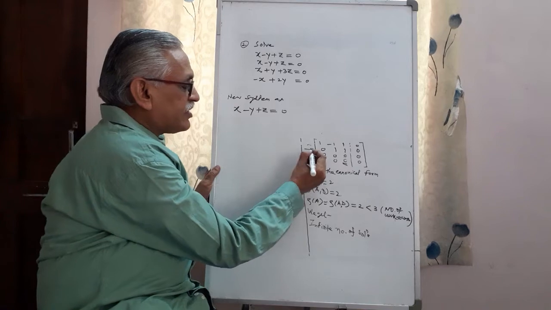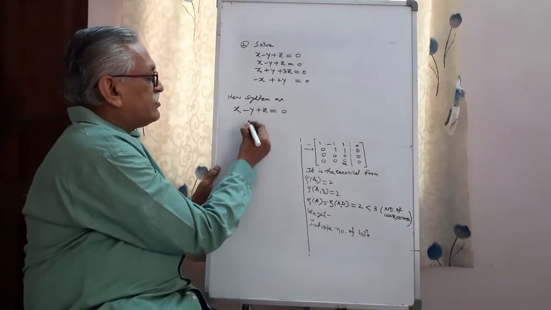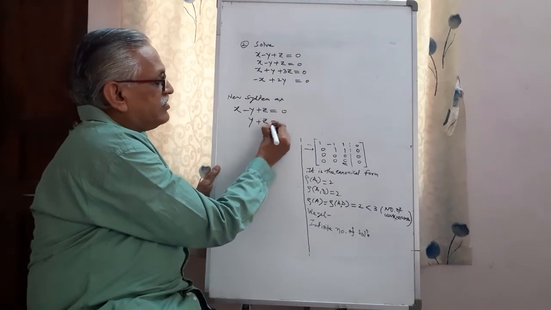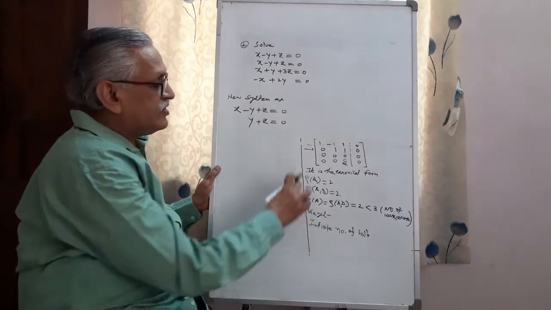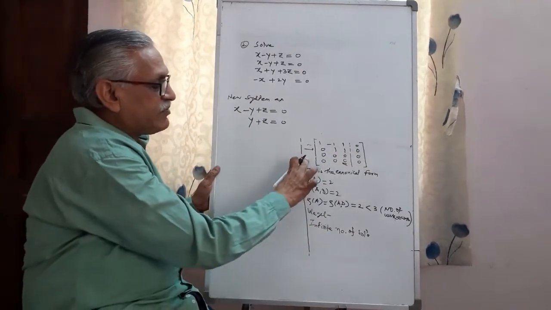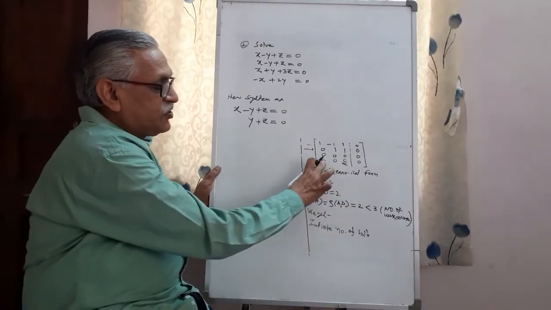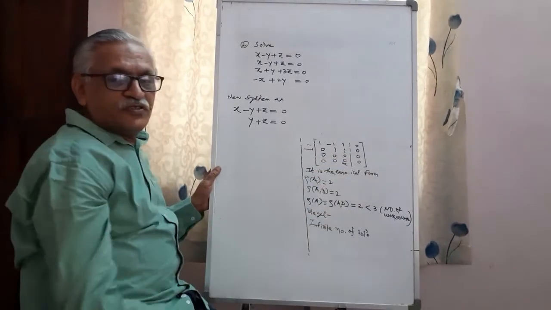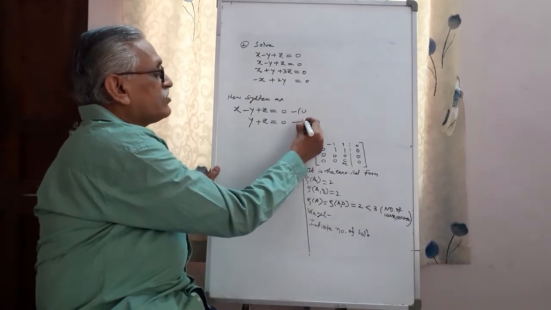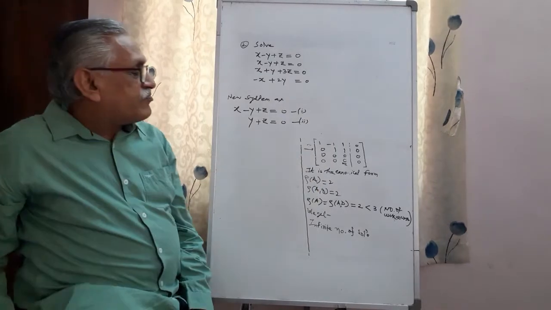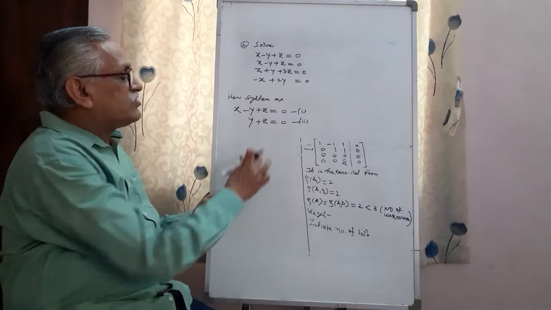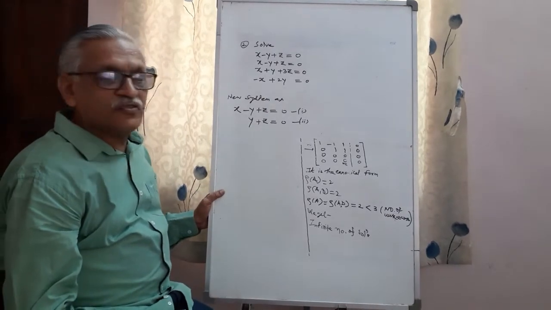Then multiplying the second row by that column, 0x plus y plus z is equal to 0. Multiplying the third, 0x plus 0y plus 0z. Multiplying the fourth, 0x plus 0y plus 0z equal to 0. Therefore, here we have two equations. If you observe the last equation, there are two unknowns, y and z.